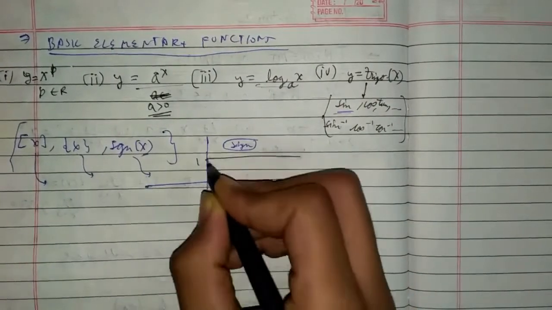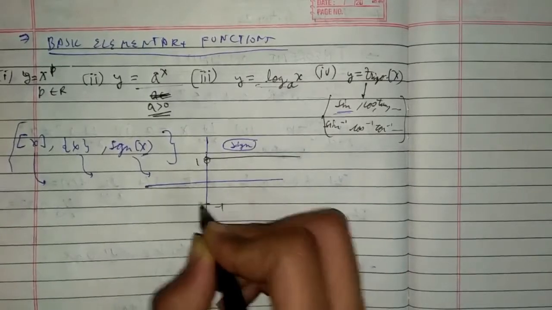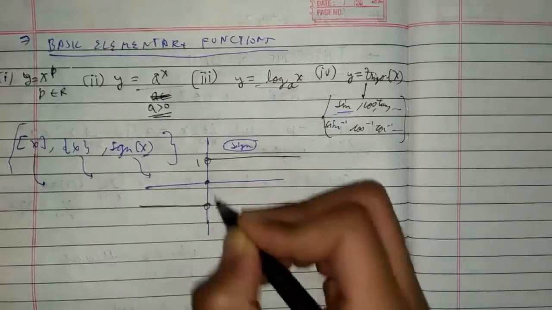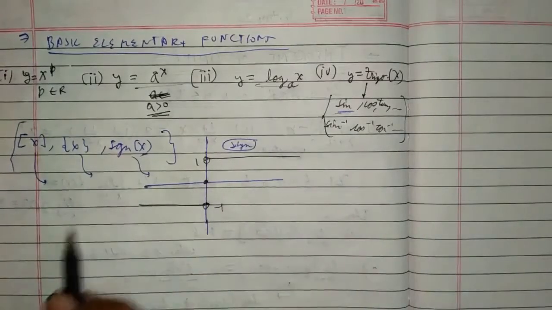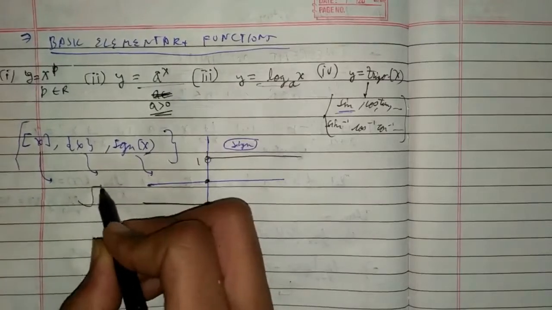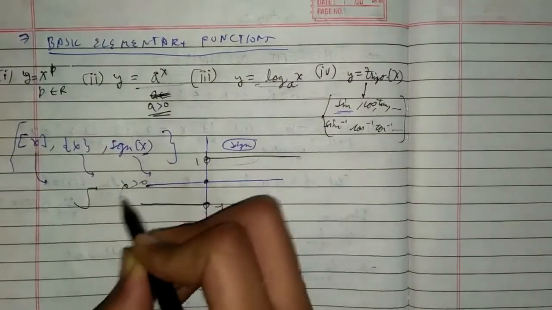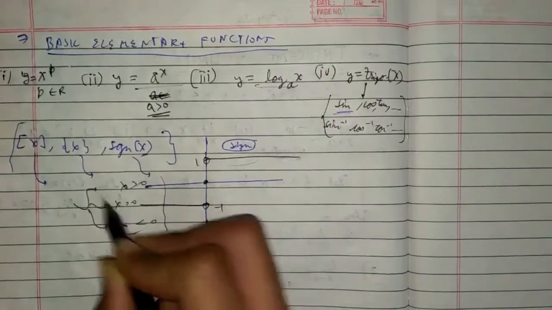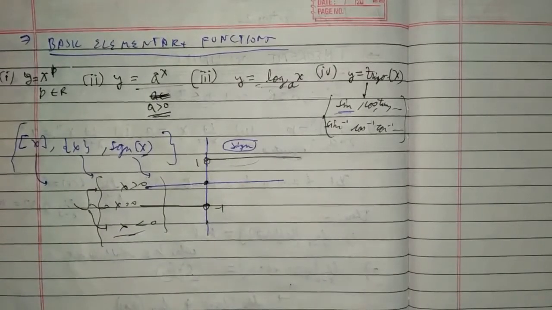When x is less than 0, its graph is y equal to -1. And at x equal to 0, its value is 0. So this is a piecewise defined function. That is, the function is defined for first x greater than 0, then x equal to 0, then x less than 0. So these piecewise functions are not elementary functions.